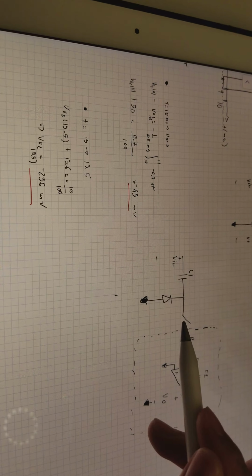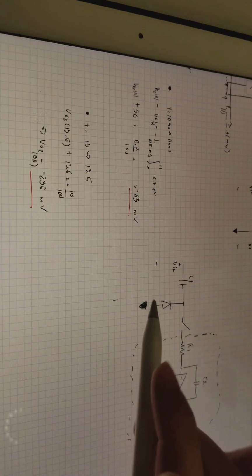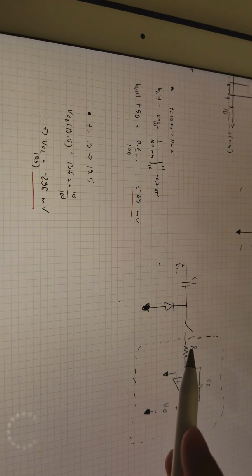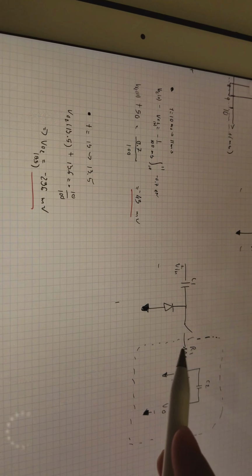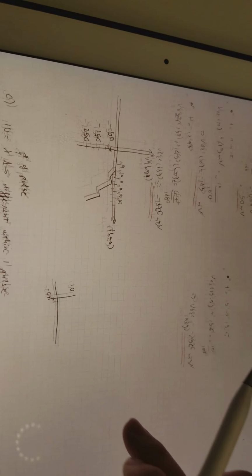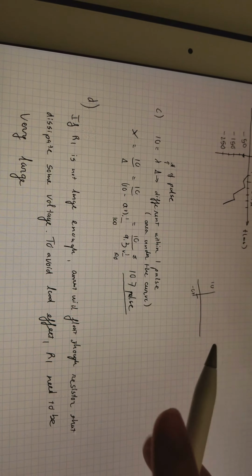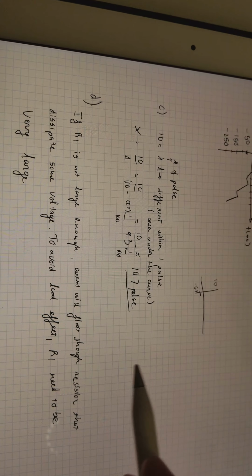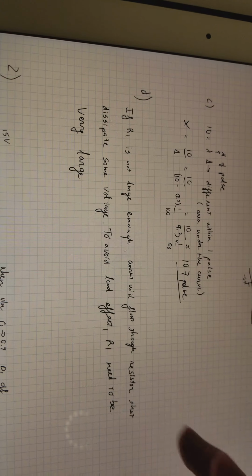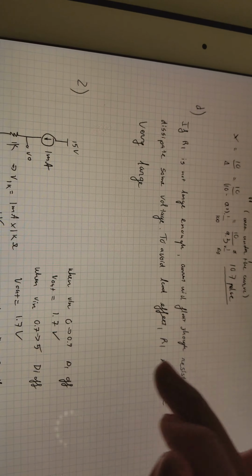When this switch is closed, if R1 is not large enough, the voltage is going to dissipate on R1, and it's going to affect the whole circuit. So in order to avoid the load effect, I want R1 to be very large compared to the state 1 circuit, to prevent the loading effect.